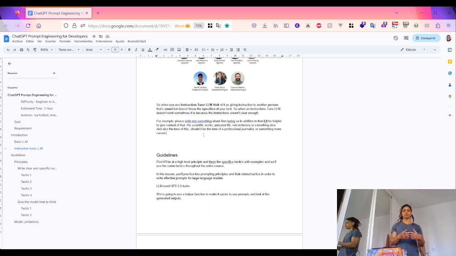You have the base LLM, what it does, an example of that, and then a specific example of why it isn't a good fit, and the reason why we have instruction to an LLM, how it works behind the scenes, roughly speaking, and the goal of this instruction to an LLM, that is helpful, harmless, and honest.